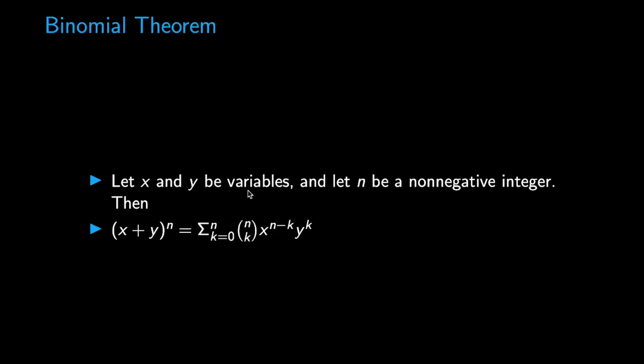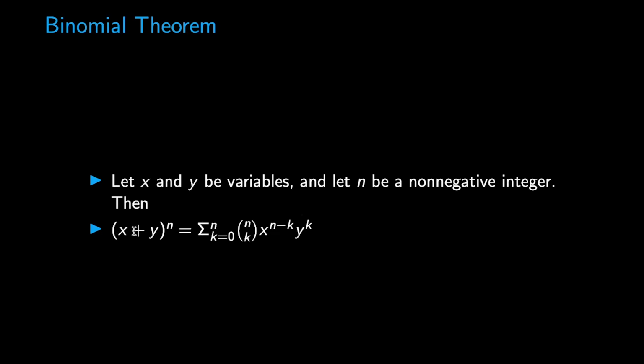Let x and y be variables and let n be a non-negative integer. Now this is for the binomial theorem, which we will use to expand in different intermediate steps along our proof. So again, let x and y be variables and let n be a non-negative integer.